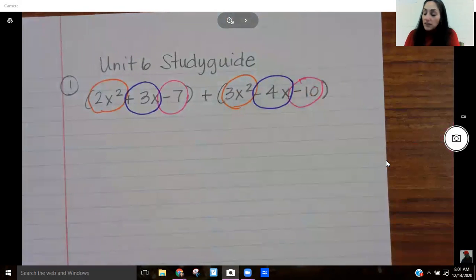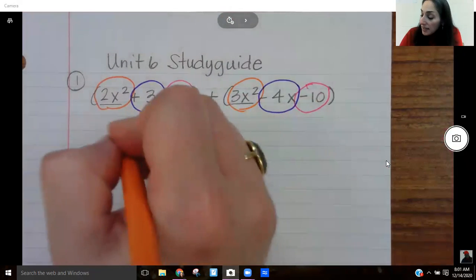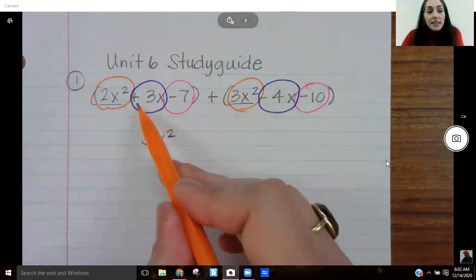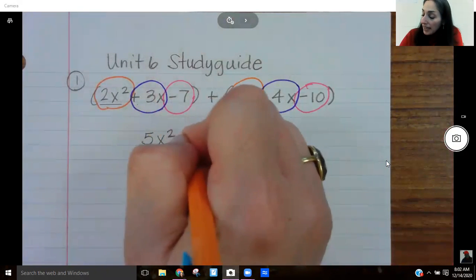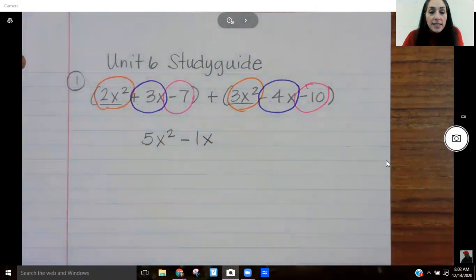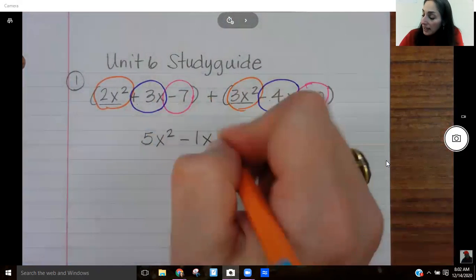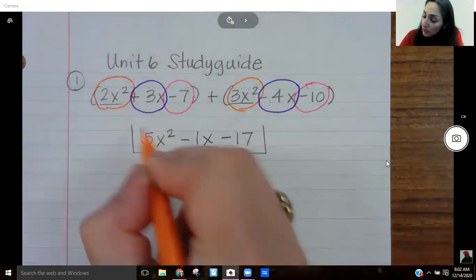So 2x squared plus 3x squared is 5x squared. Positive 3x and negative 4x is negative 1x, or just negative x. Negative 7 plus negative 10 is negative 17. And that's as far as you go.